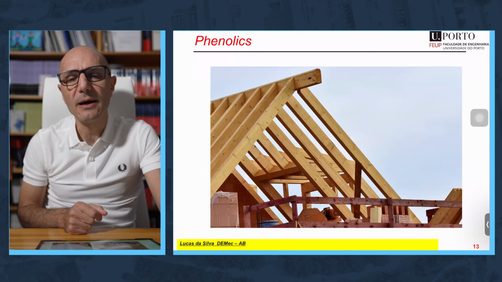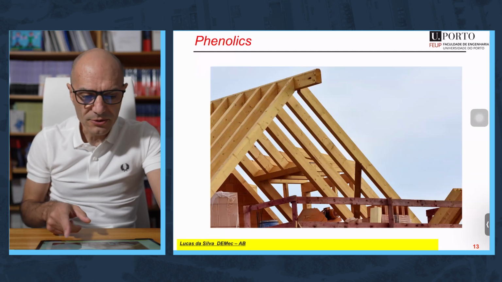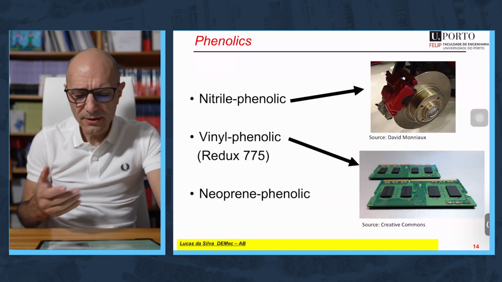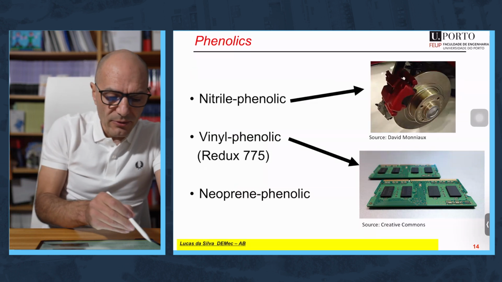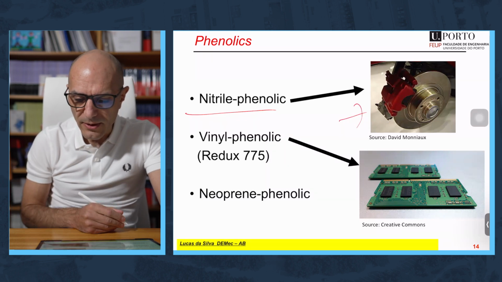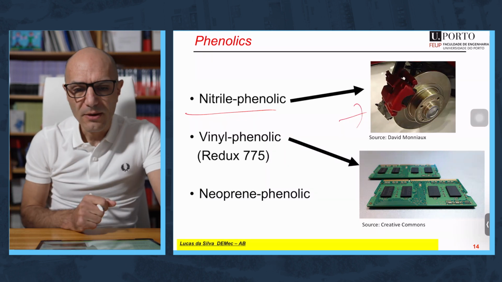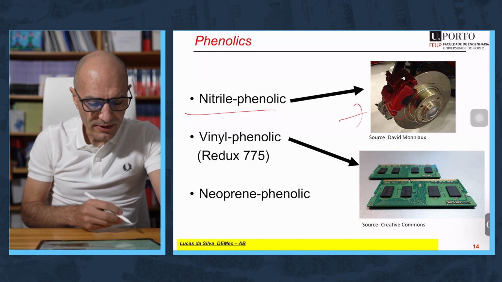So a typical application of a phenolic is wood constructions. And typical modifications of a phenolic, it could be with nitrile, for example, in the brakes of the cars. The brake pads are attached with nitrile phenolic.